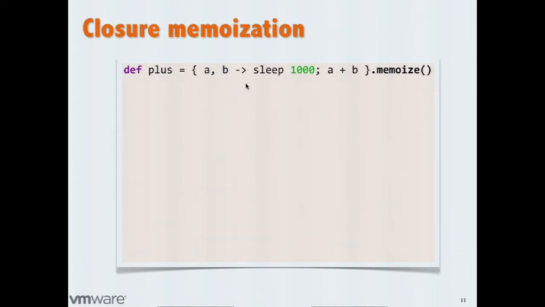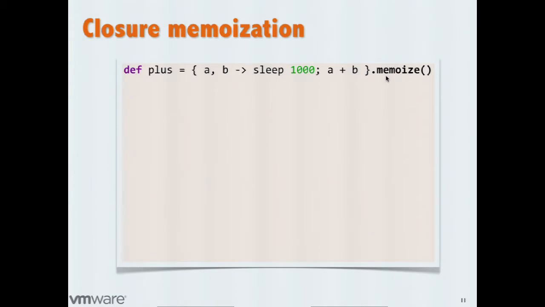Here I mimic a closure which does an addition, which adds a and b, but I'm inserting a sleep of 1000 milliseconds before returning the value, so that the computation is slowed down. Fortunately, when you do sums in Groovy, they don't take 1 second for each sum. It would be a bit of a pity.